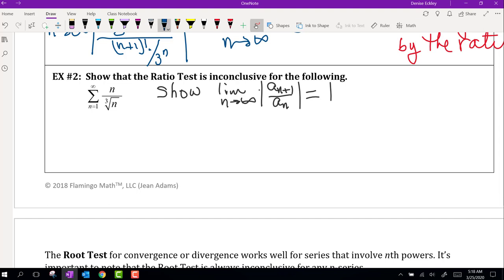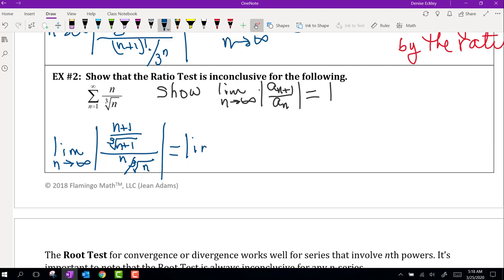So we have the limit as n approaches infinity of n plus 1 over the cube root of n plus 1, all divided by n over the cube root of n. When you go to simplify that, I think showing the reciprocal for this one makes it a little easier.